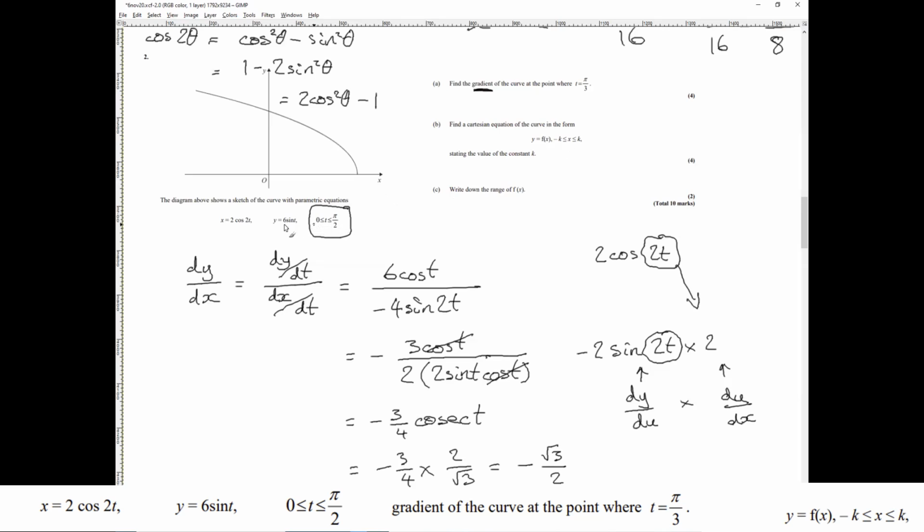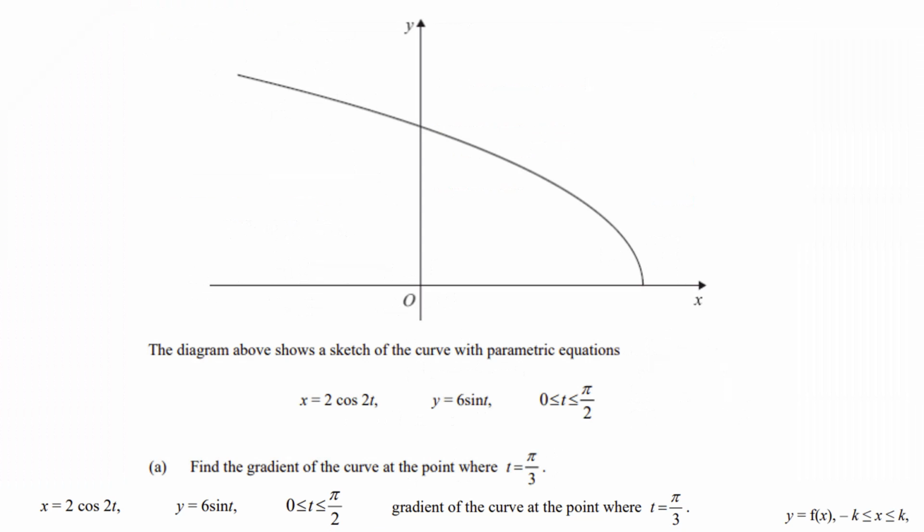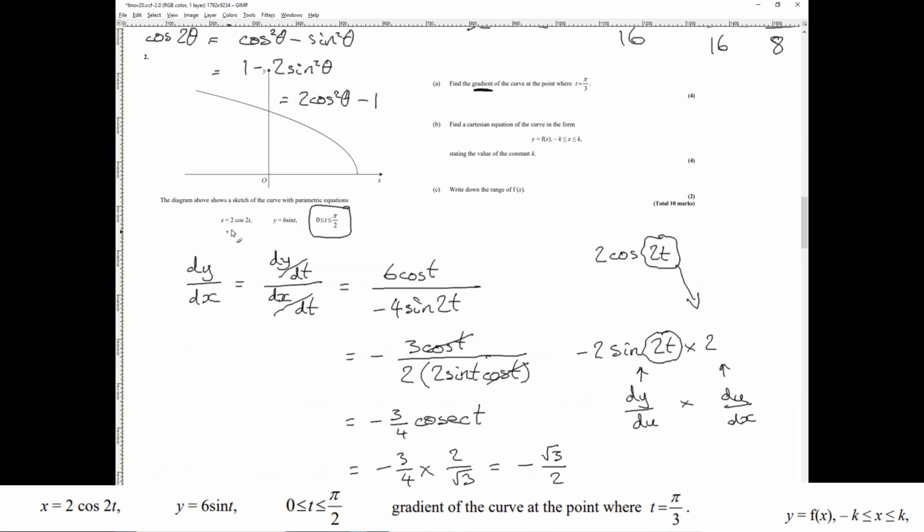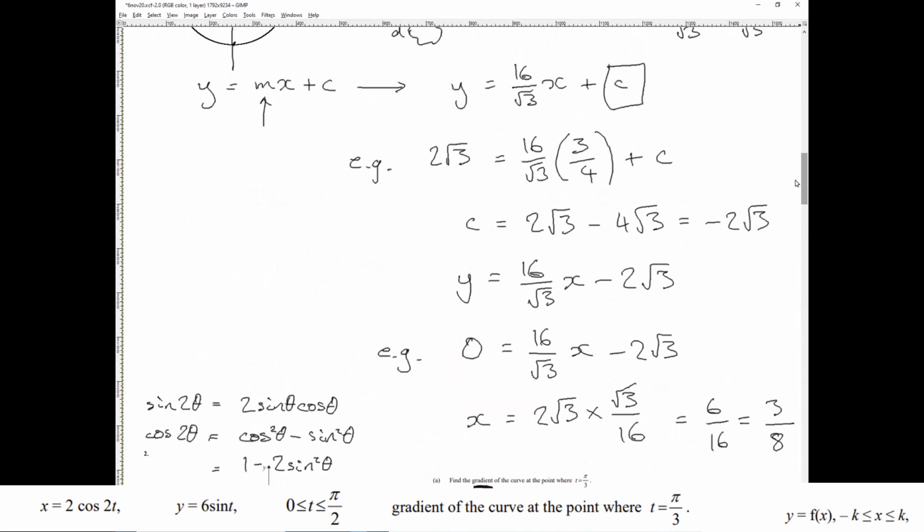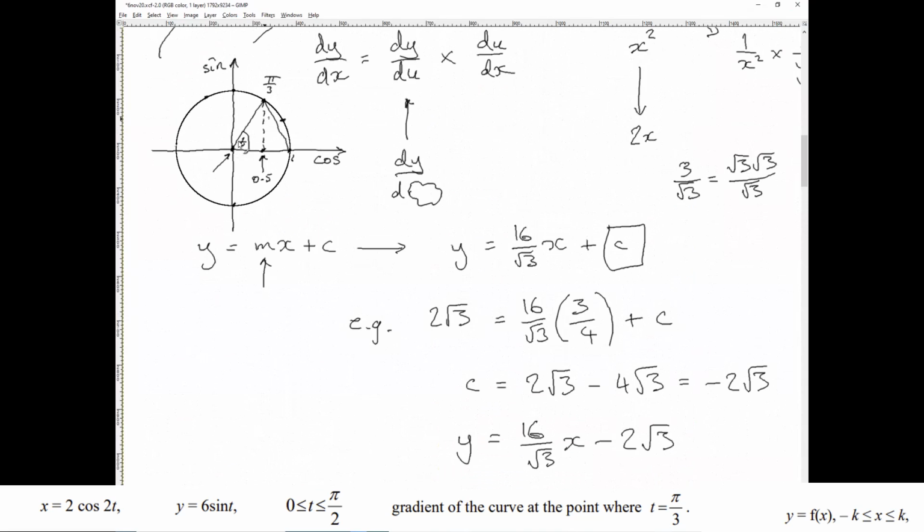So at t equals 0, what are x and y? What time are we on the clock when the angle is 0? T is the angle, so we're at 3 o'clock.